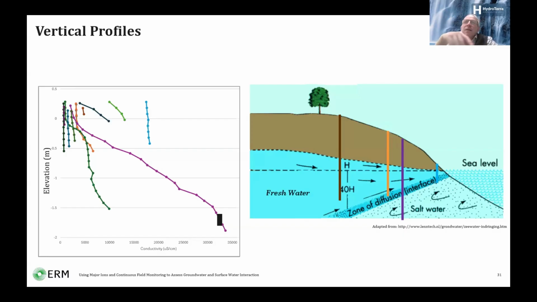So when you're profiling your well, you think that that's what's happening in the aquifer, but it's just this denser water that's slowly seeped in, and you can end up with what looks like, on your log, hypersaline groundwater within the formation, but it can be misleading. So well construction records become really important at that point to make sure that what you're looking at is actually what's happening in the aquifer.